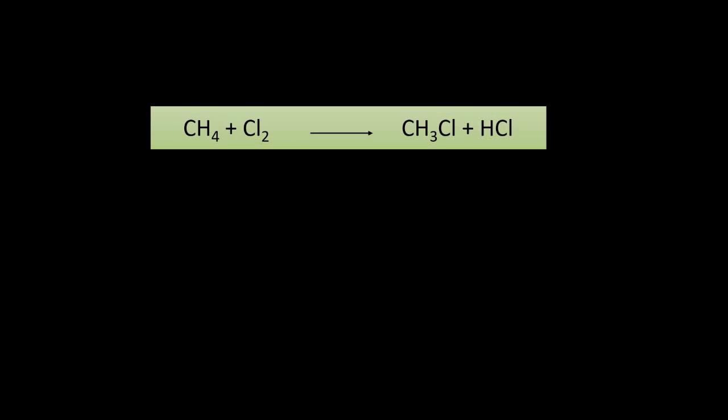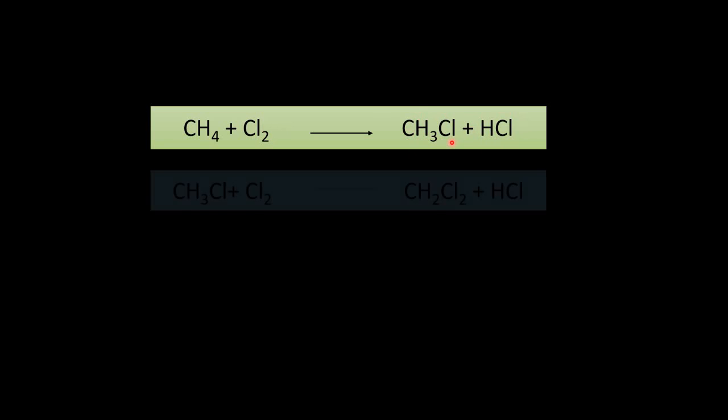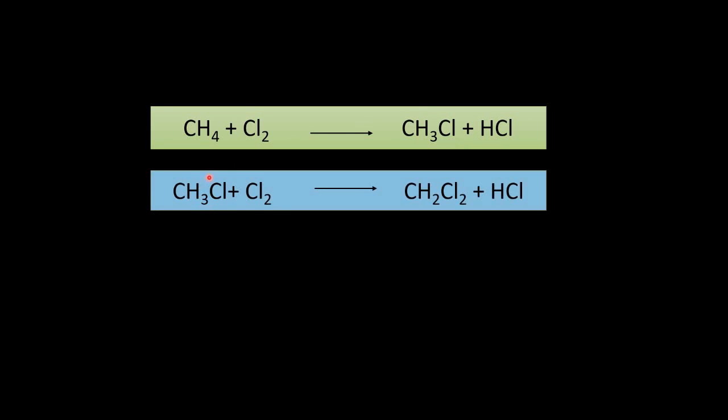The first reaction is between methane and chlorine, where one hydrogen atom from methane is taken and joined with one chlorine atom forming hydrochloric acid. The other product formed is methyl chloride. This methyl chloride will undergo chlorination again to form dichloromethane.